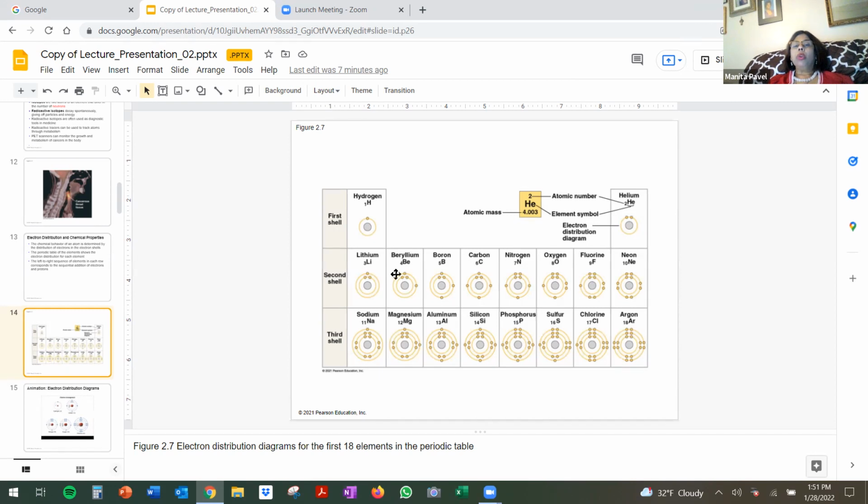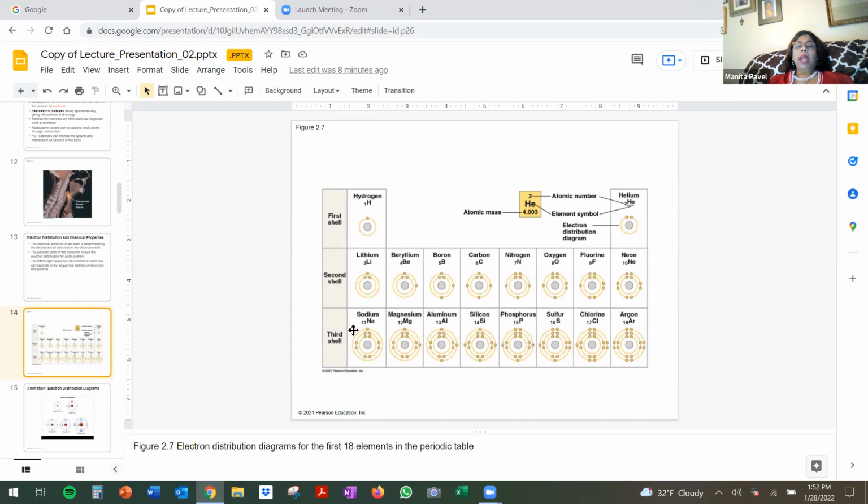Beryllium, 4: 2 in the first orbital, 2 in the second. Boron, 5: 2 in the first orbital, 3. We've talked about carbon, nitrogen, and oxygen. Fluorine is 9: 2 in the first, 9 minus 2 is 7. Neon is 10, so you'll have 2, and the second orbital can hold 8. So 2, 4, 6, 8, and this 2 is 10.